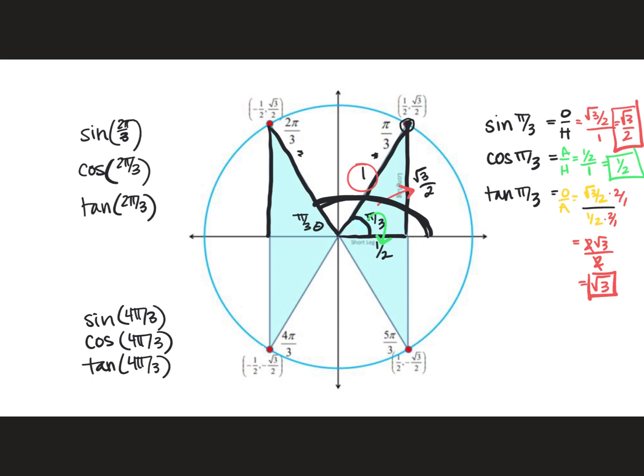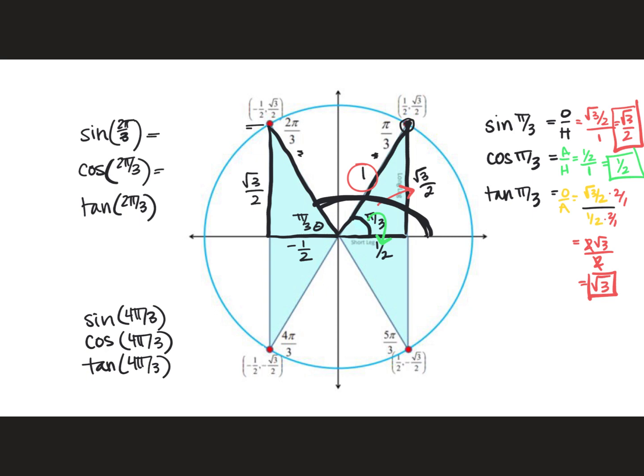All right, now let's give this one a try. I'm going to go ahead and label the sides. Now I can see them in the ordered pairs. The x coordinate is -1/2, so the distance in the x direction is -1/2. The y coordinate is radical 3/2, so the y component has a length of radical 3/2.